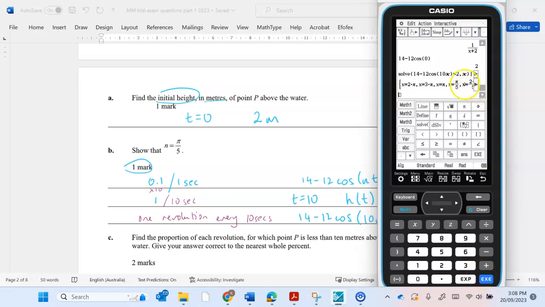Oh, we've got heaps of solutions, and they haven't put them in order. I probably made that too big. Let's change it to 1. All right, there we go. Pi on 5.